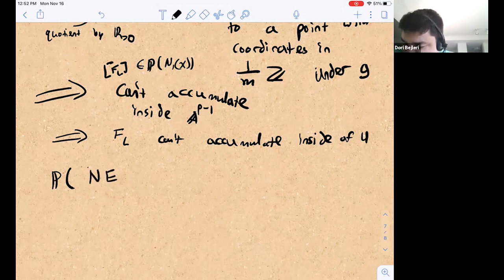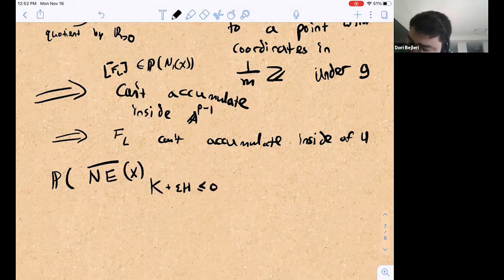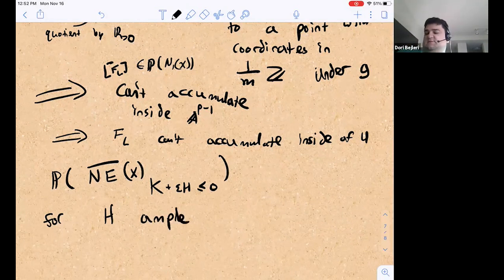So if we look at the locus of NE where K plus epsilon H is less than or equal to 0 for H ample, then this is some compact subset. And so we have this compact subset.